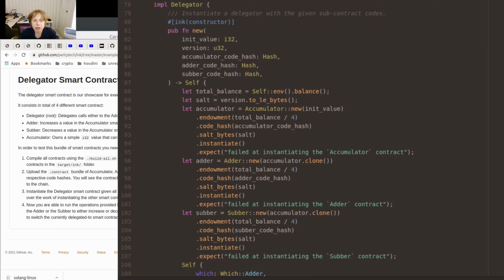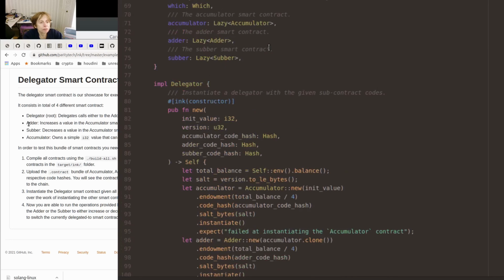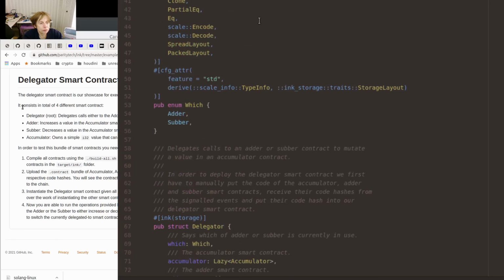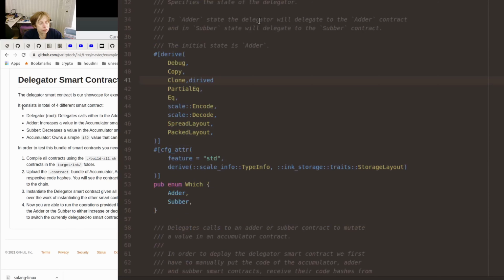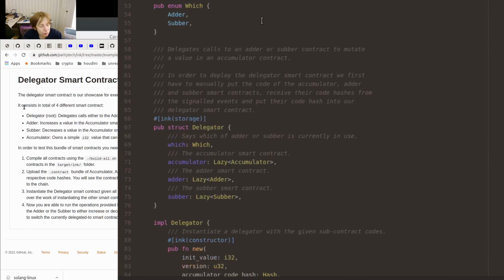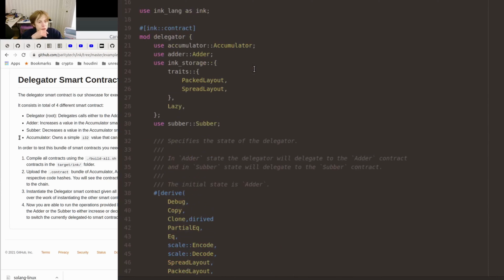So if you look at the code here, I hit the wrong thing. There we go. Okay, so the Delegator defines the adder, subber, and accumulator as something that they are going to use, and that's, I think, way at the top, right at the beginning of the module.